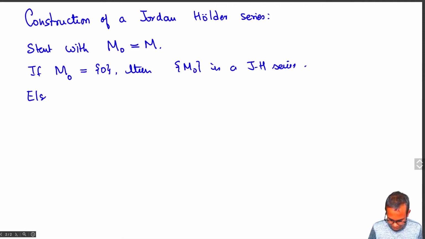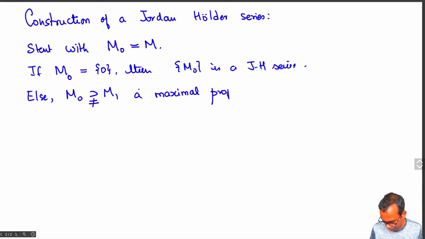Else, M0 also satisfies the ascending chain condition, so M0 contains M1, a maximal proper submodule. So M0 mod M1 is simple.